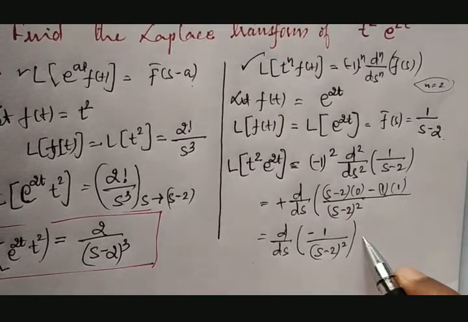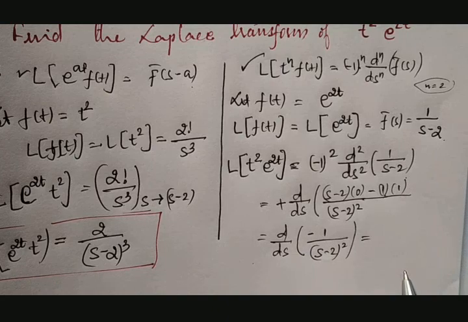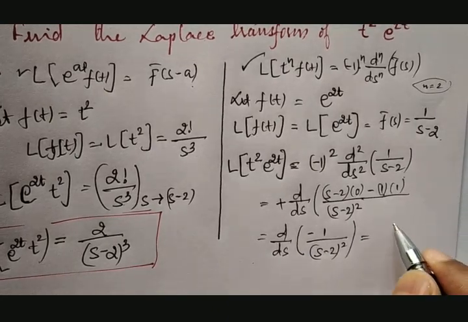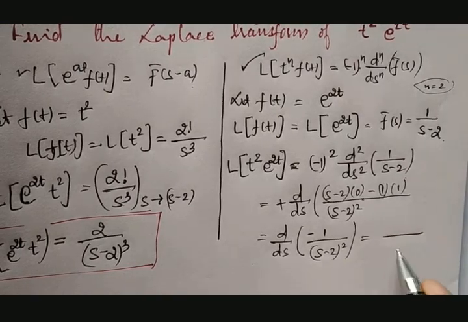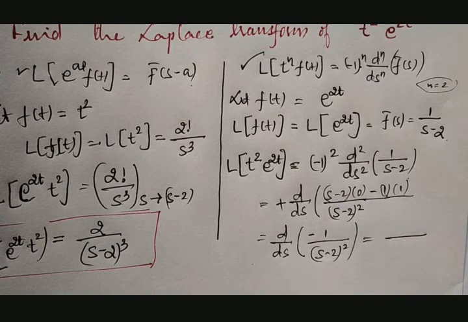Further, this result will be differentiated once again with respect to s. What is that? It is like a constant, differentiation of 1 by s is what? 1 divided by s square.